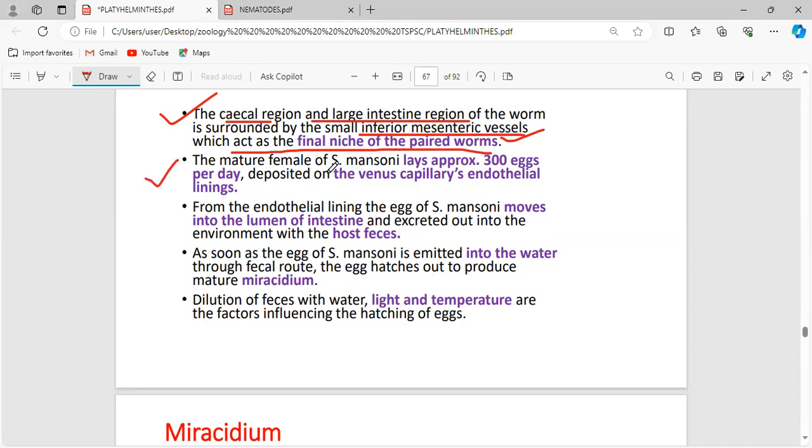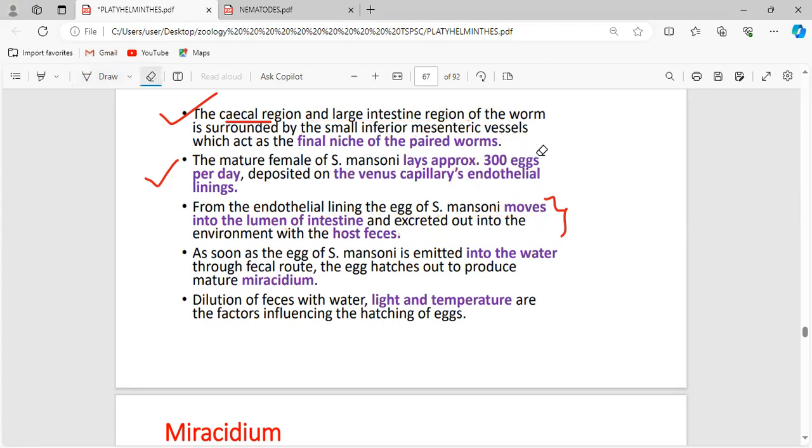The mature female Schistosoma mansoni lays approximately 300 eggs per day, deposited on the venous capillary endothelial lining. From the endothelial lining, the egg of Schistosoma mansoni moves into the lumen of the intestine and is excreted out into the environment with the host feces.